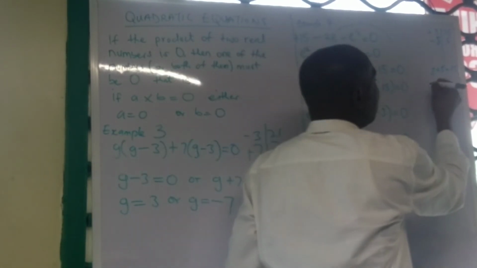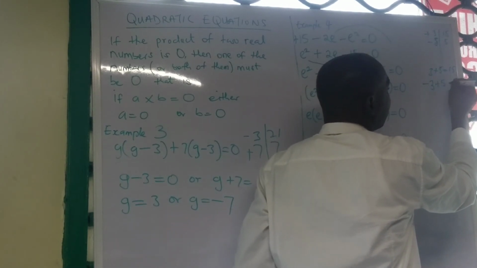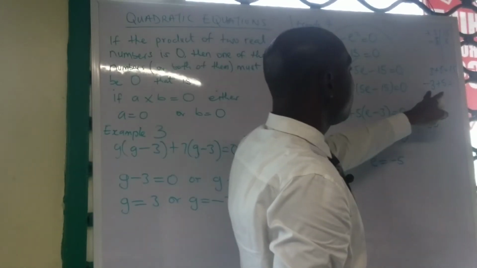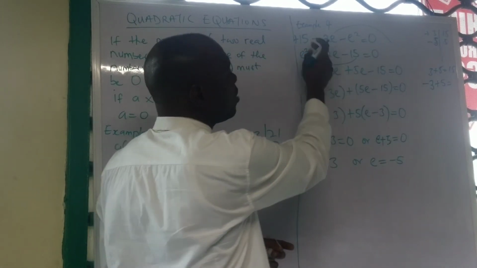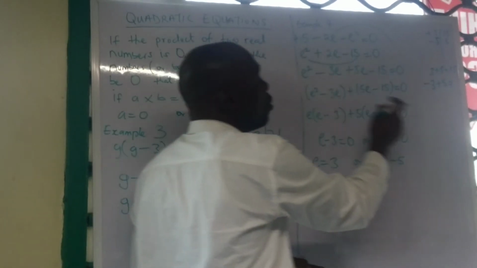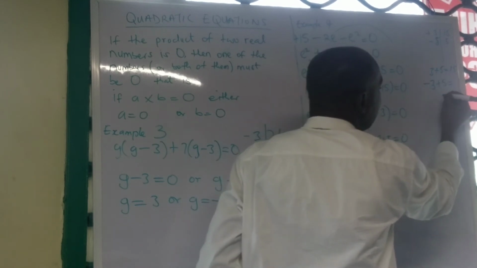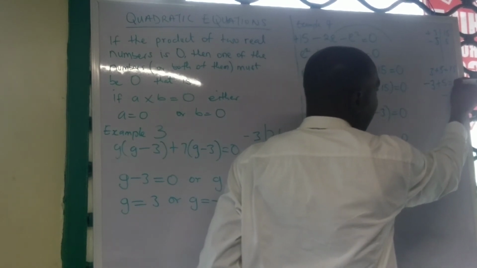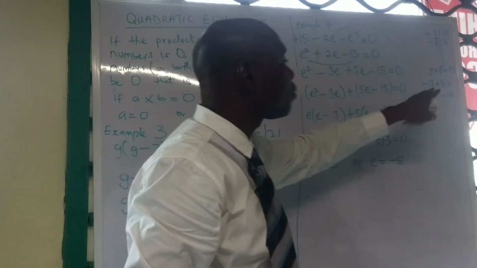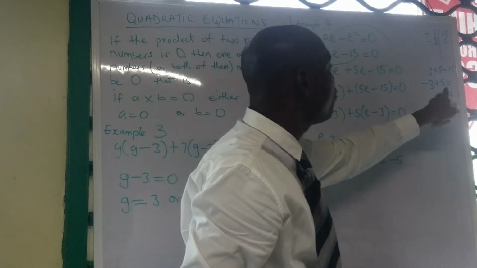So if we make this one negative 3 plus 5, we're looking for this one, the positive 2, since we've already transferred everything here. If you remove 3 from 5, it will give you plus 2. So with this now, we input this value, it will give you plus 2.